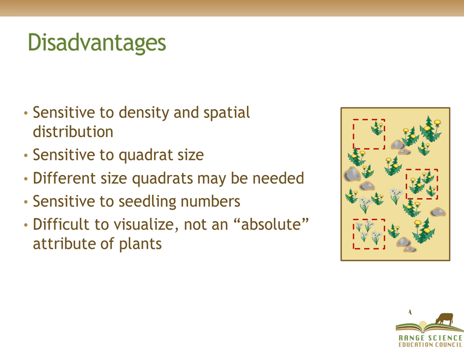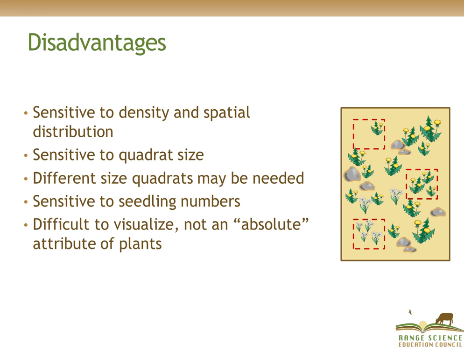And finally, frequency can be difficult to visualize because it's not an absolute attribute of the plants. We can say for sure that there is a specific density of plants. That is a parameter that can be measured, and it is an attribute of the plants in the environment.